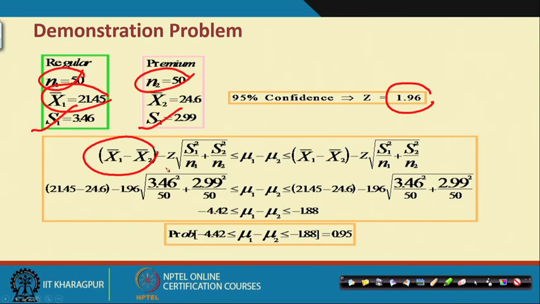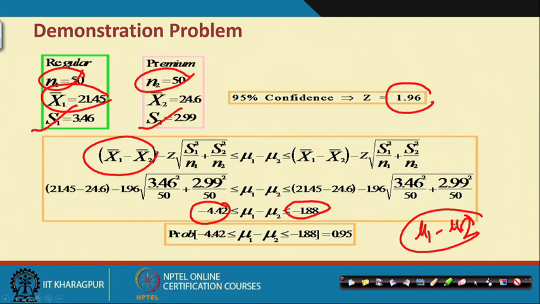Then after putting in all these values, you are in a position to report that the confidence interval for mu1 minus mu2 will be minus 4.42 to minus 1.88, at the 95% confidence level. That means the population mean difference, mu1 minus mu2, ranges between minus 4.42 and minus 1.88.